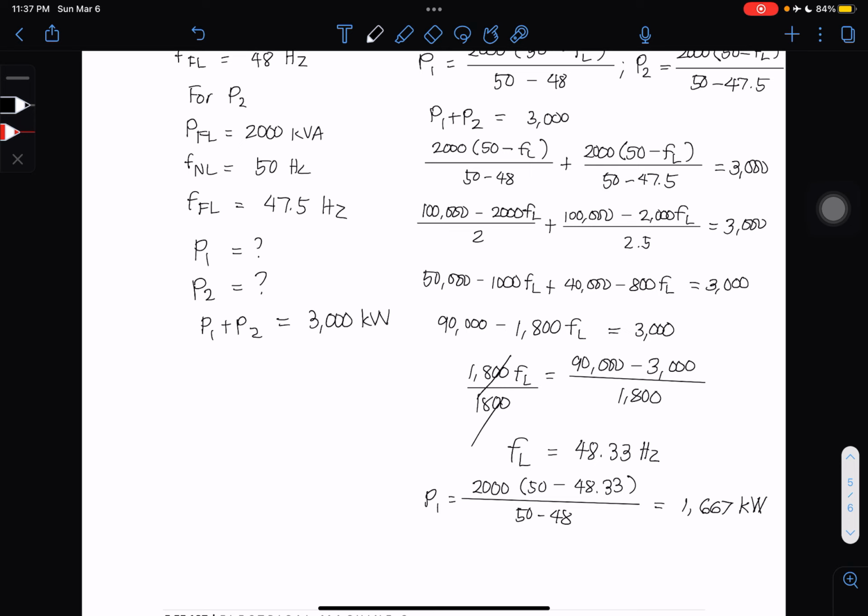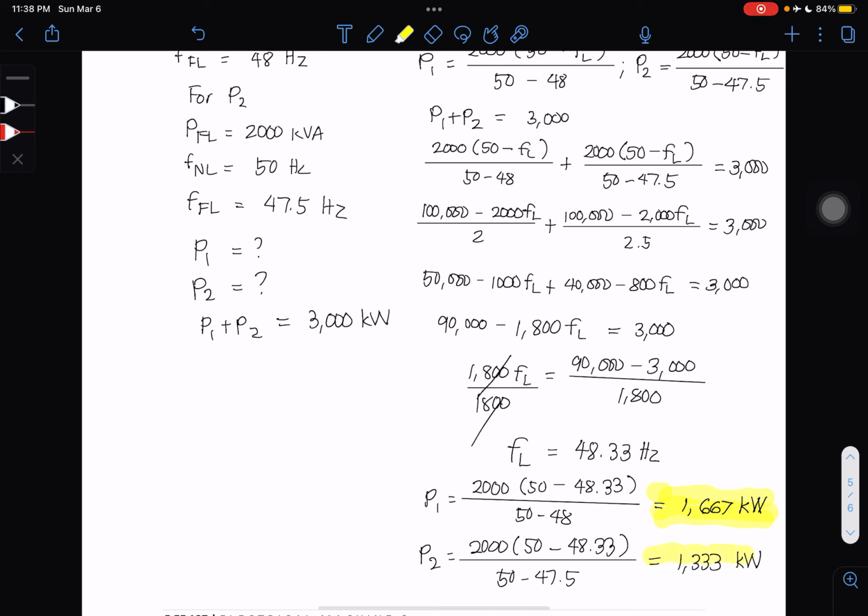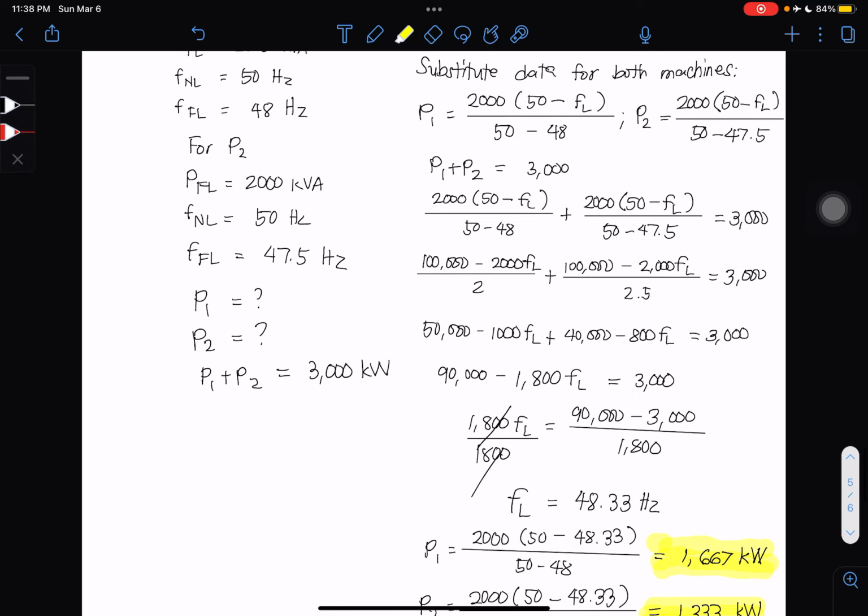And for P2, P2 is equal to 2,000 times 50 minus 48.33 divided by 50 minus 47.5. Our kilowatt shared in machine 2 is 1,333 kilowatts. So this will be our final answer for our example problem.